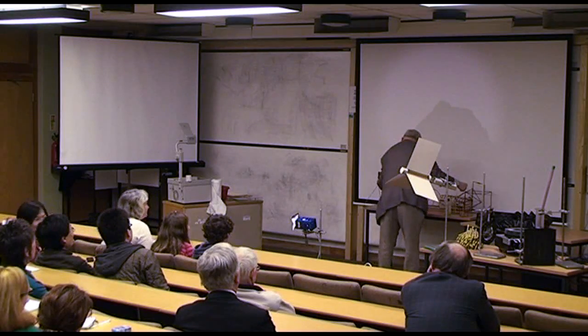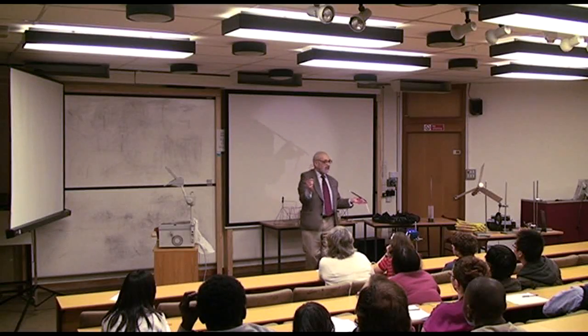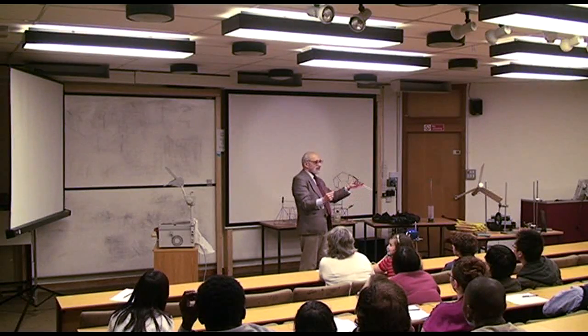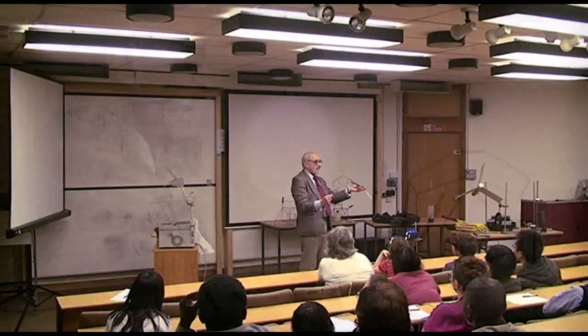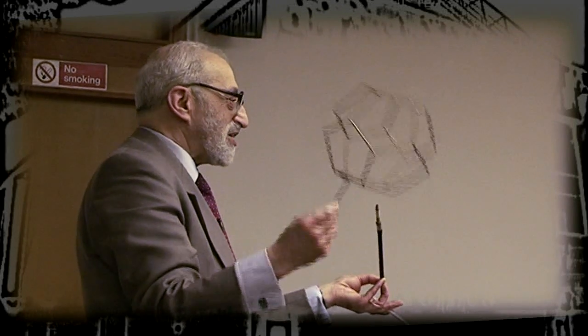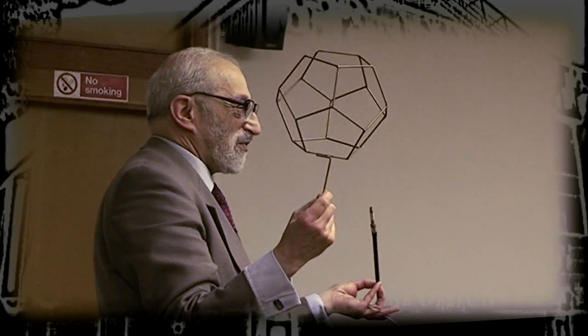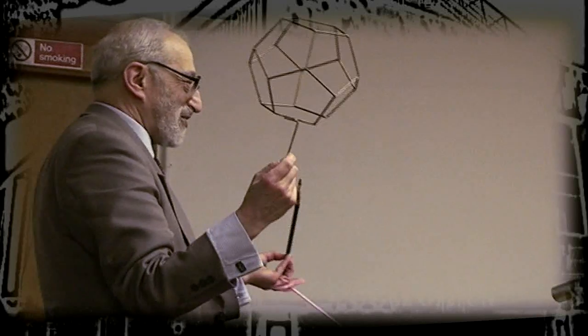But one of the nicest bubbles that one can produce is the one associated with this framework here, which is a regular dodecahedron, has 12 faces. Each face is a regular pentagon, and the angles here are 108 degrees. Well, 108 degrees isn't very different from 109.47 degrees.